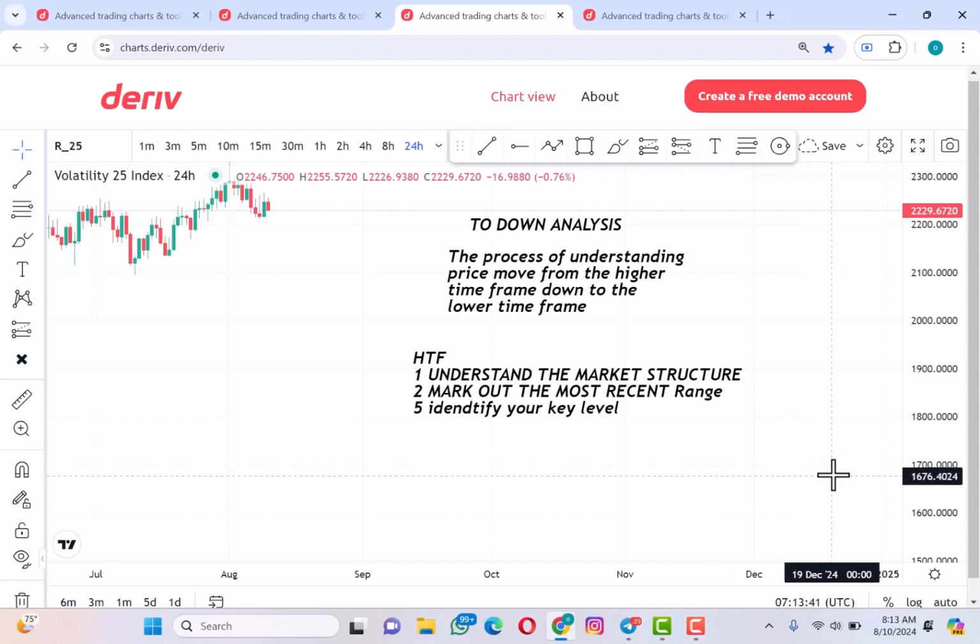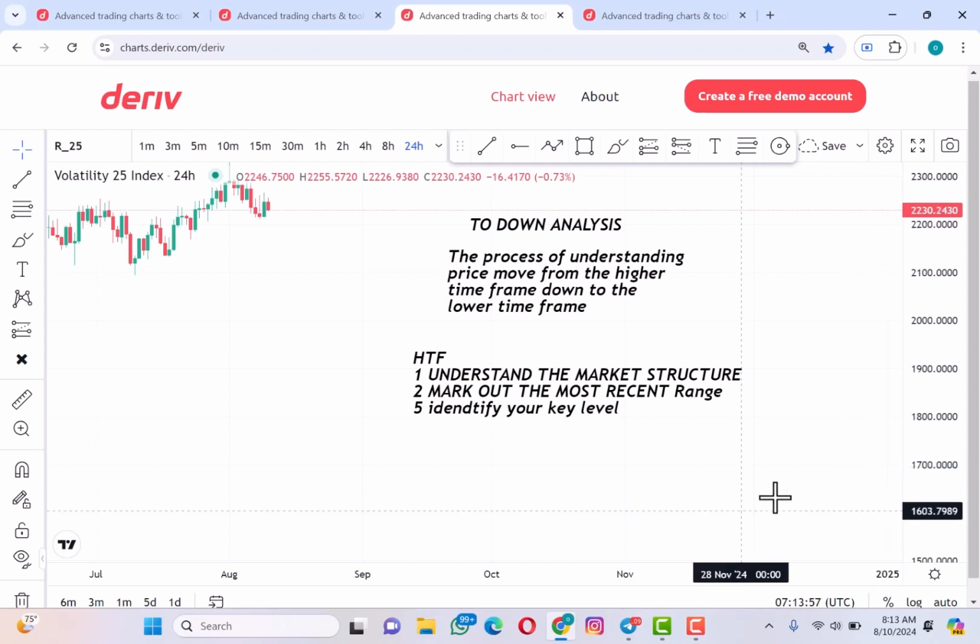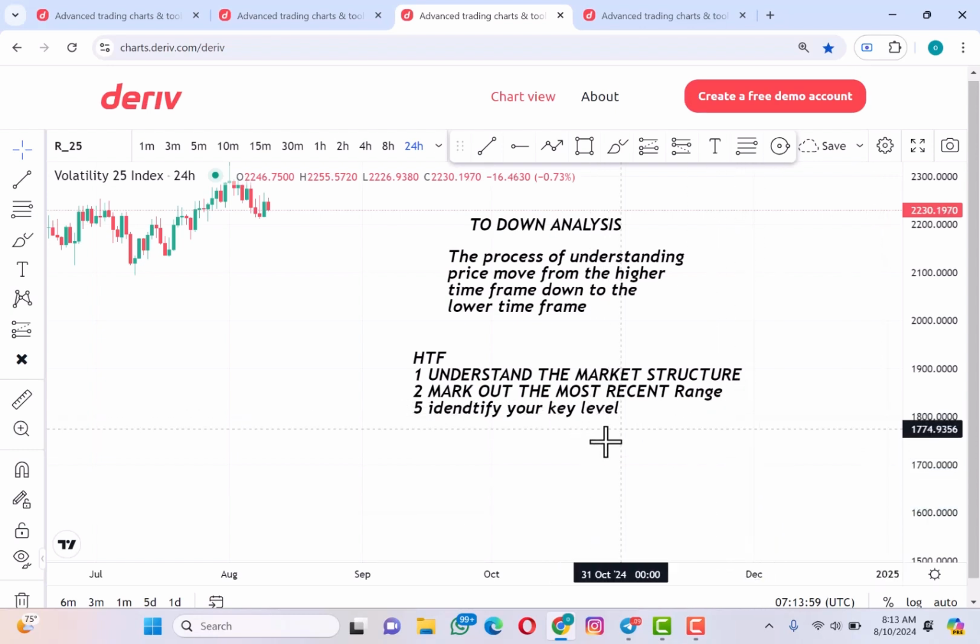So when you understand where price is coming from, you want to find a way to follow price to where it is heading to. You cannot be going where price has already left. If price is leaving from this particular point, it's like you are moving in the opposite direction, and it doesn't work like that. So understanding your range will help you to know that. And if you don't know what range is, go back to my previous video to watch it.